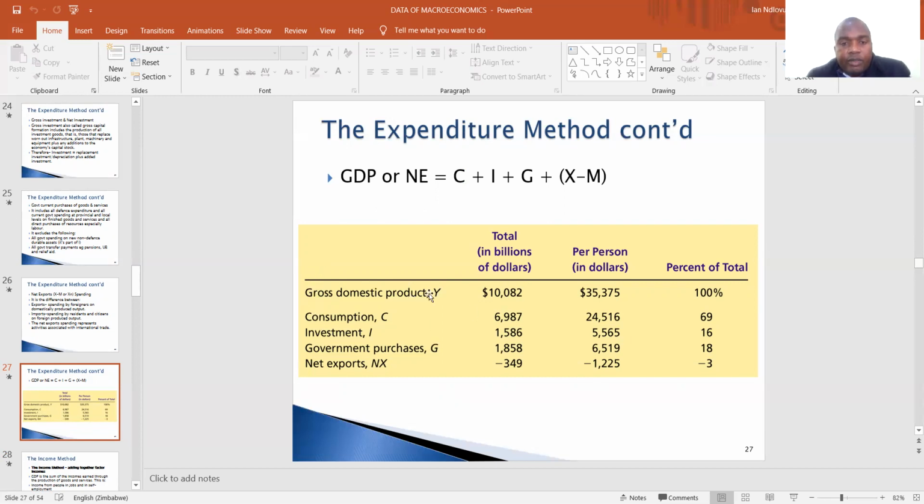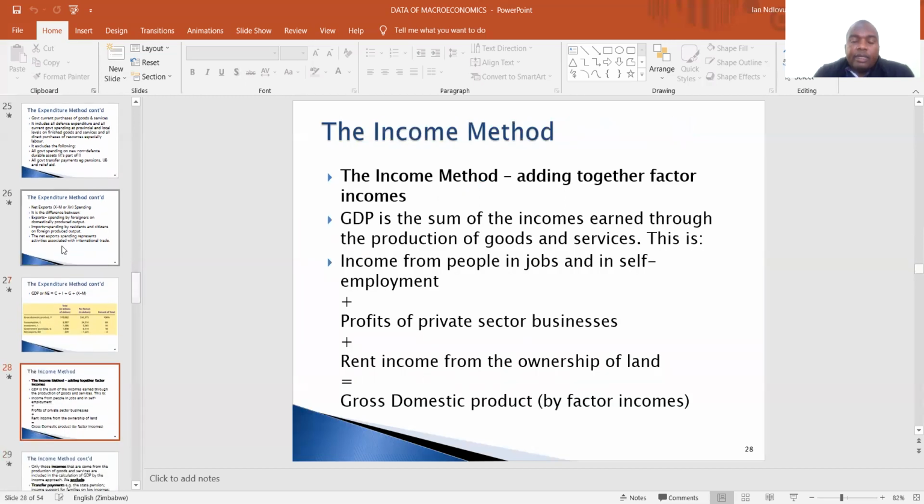Now, if you look at gross domestic product, it's simply an aggregation or a summation of consumption expenditure, investment expenditure, government expenditure, and net exports expenditure. And then we go to national income, the income method.